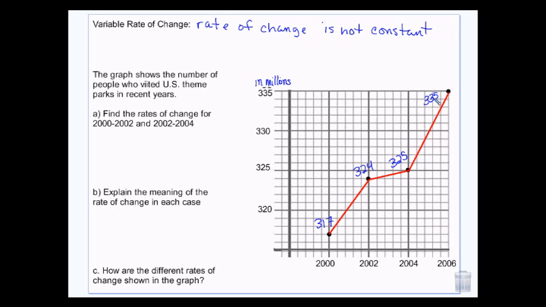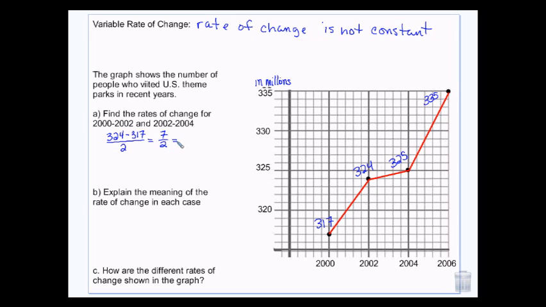So if we find the rate of change for 2000 to 2002, I will do 324 minus 317 over 2002 minus 2000, so over 2, because 2 years have passed, right? 324 minus 317 is 7.